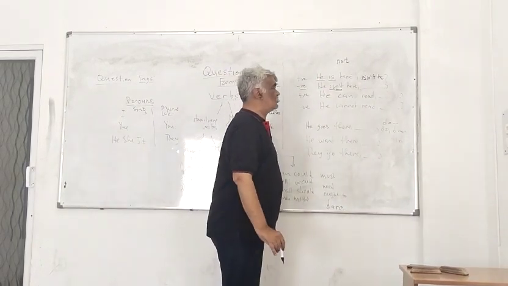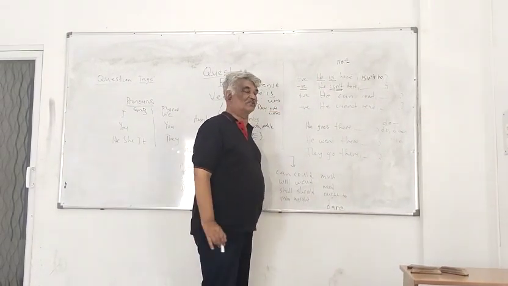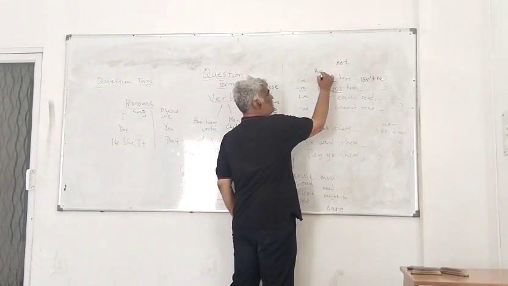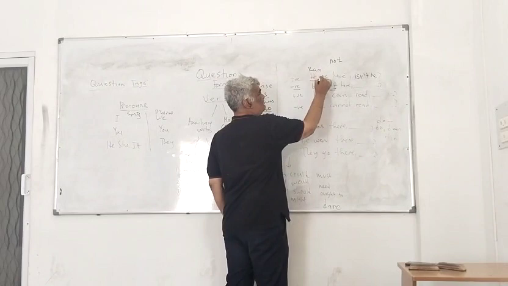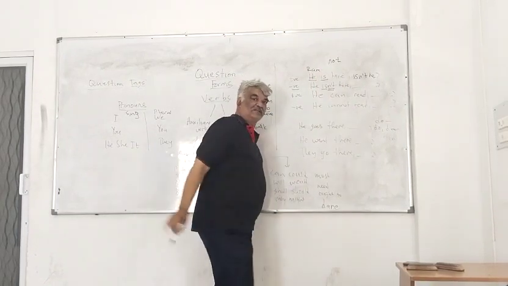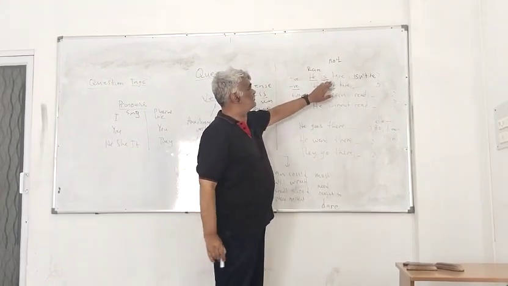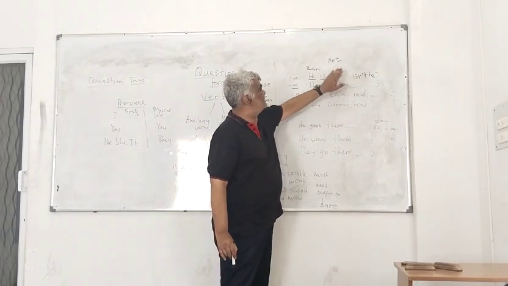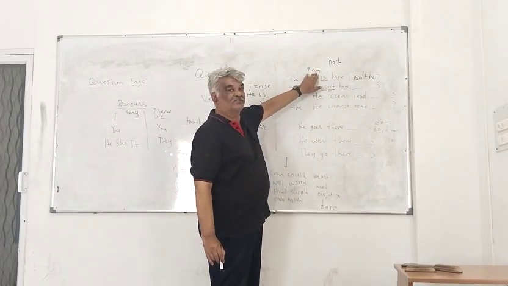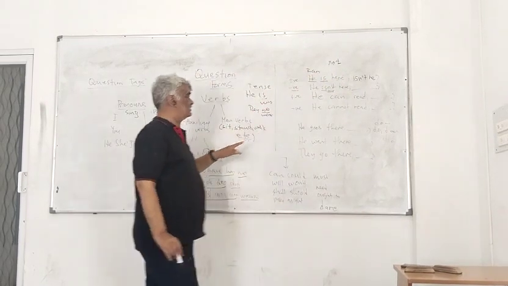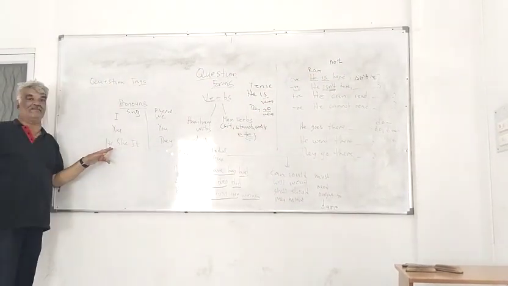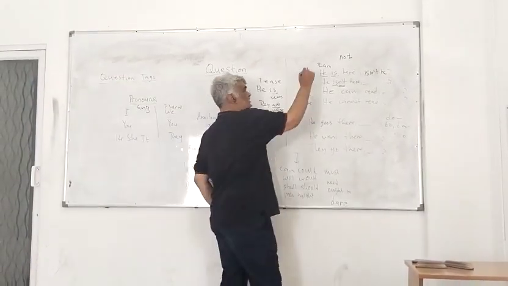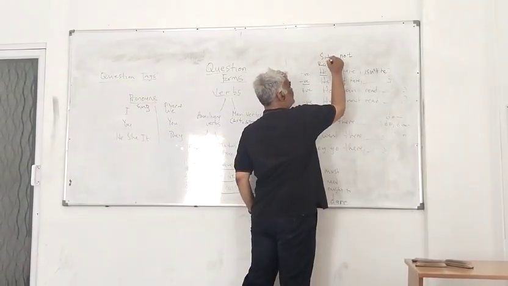Now, what do I mean by pronoun form of the subject? Let's take this example. Instead of he, if I say Ram is here, right? Now this sentence is positive, it has an auxiliary. Take the auxiliary, make it negative. The pronoun form of Ram is he, right? Now, suppose this was Sita.